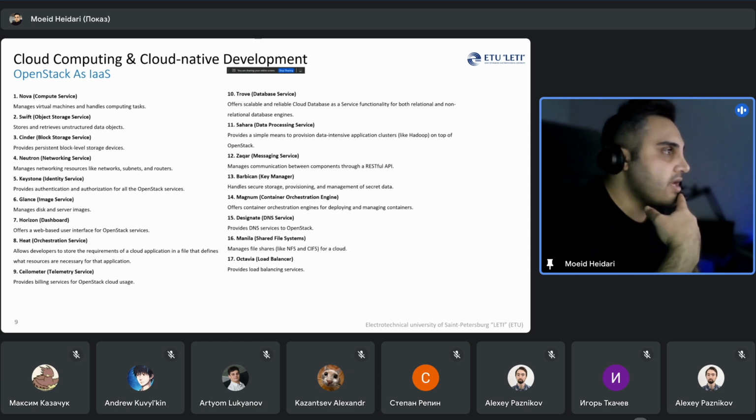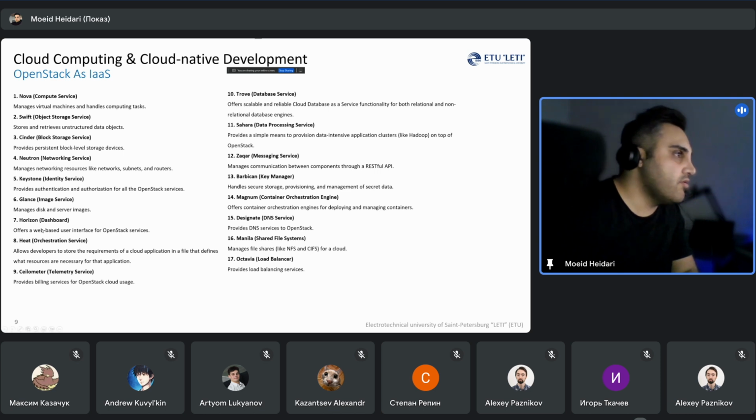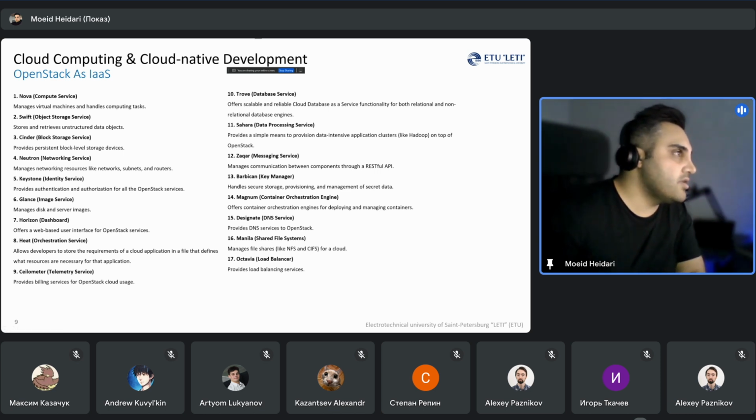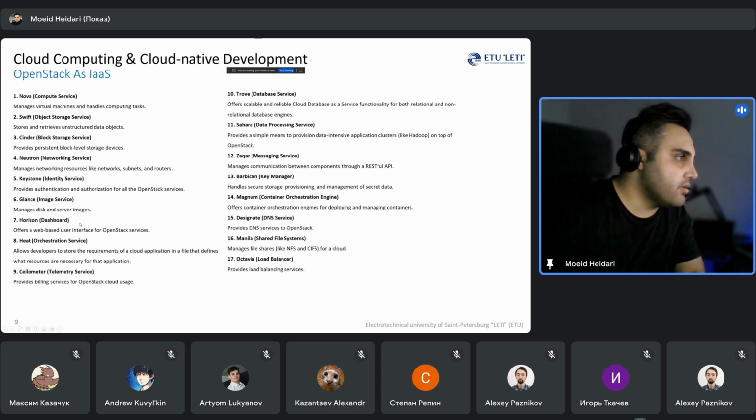It is responsible for managing the disk and server images. But for example, Horizon is a web-based user interface for OpenStack. Even if you don't have Horizon, you will still have the CLI application for OpenStack. You can work in the console, so it's not that crucial for having OpenStack up and running. But Heat also is available, Heat is not that important because you will need it whenever you want to have the orchestration service.